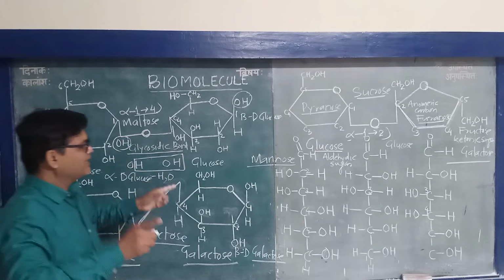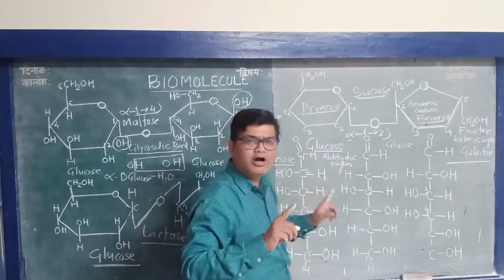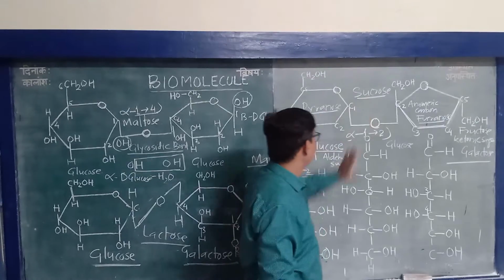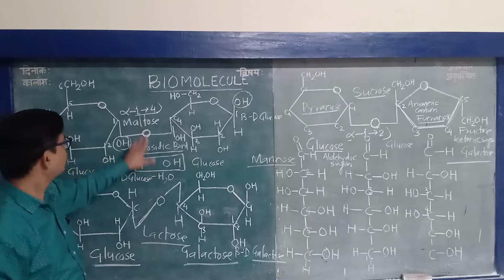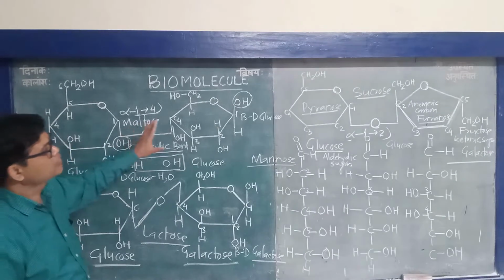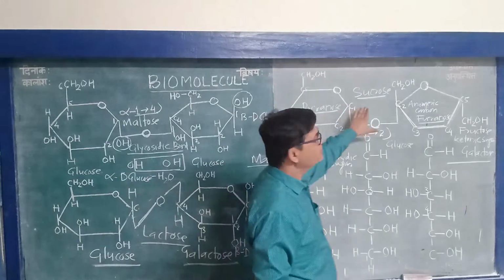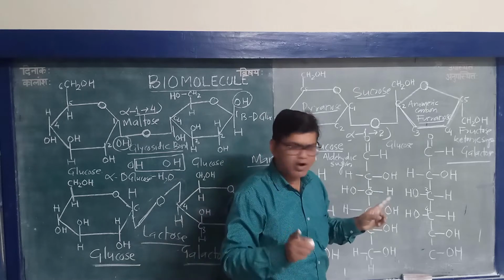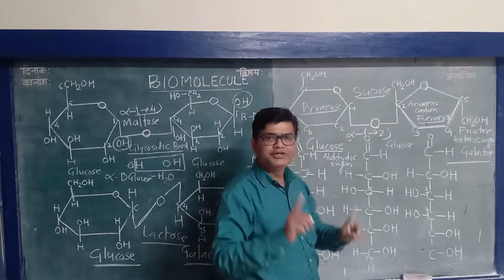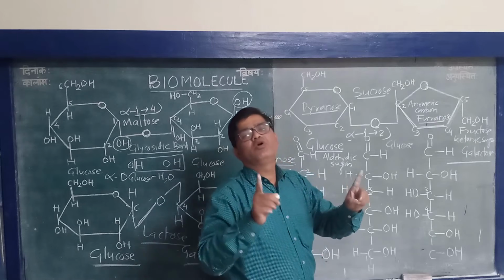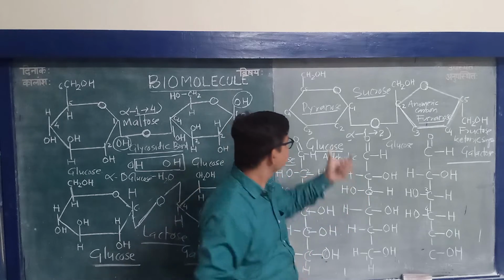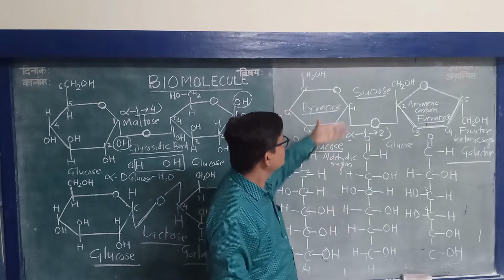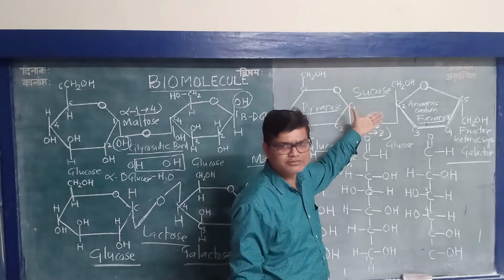Then the question will ask: which of the following is not a reducing sugar? And you will get choices like sucrose, lactose, maltose. Then sucrose is the non-reducing sugar, because the anomeric carbon hydroxy groups of both the monomeric units are involved in chemical bond formation, that is the glycosidic bond. That's why we can say sucrose is a non-reducing sugar.